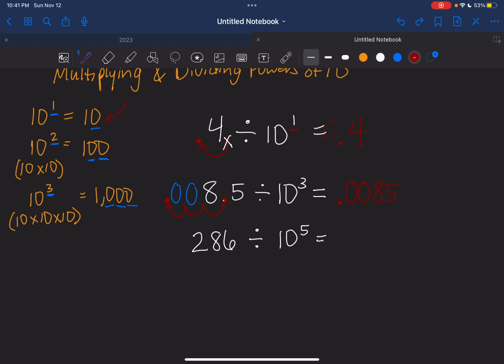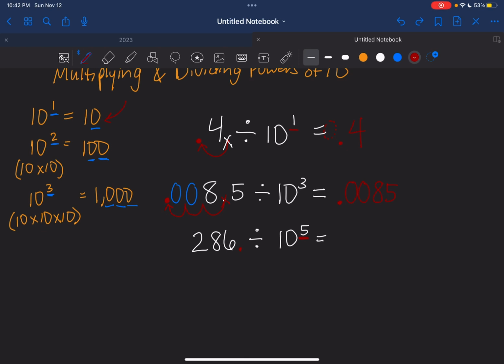I'm going to take my red right here. And we already know that we're going to put our decimal point right here after the 6 because that's where it would be if you could see it. Since I'm dividing, my number is getting smaller, so I'm going to take my decimal point and move it 5 places to the left because that's what my exponent is.